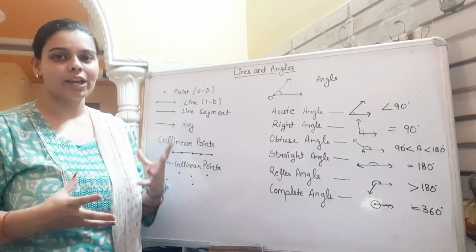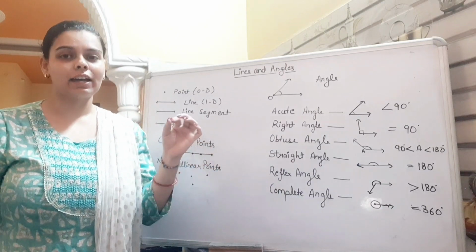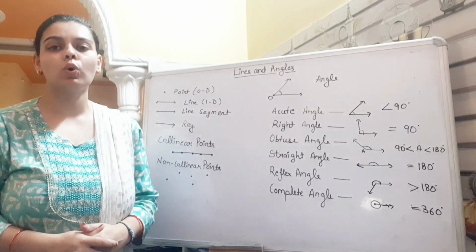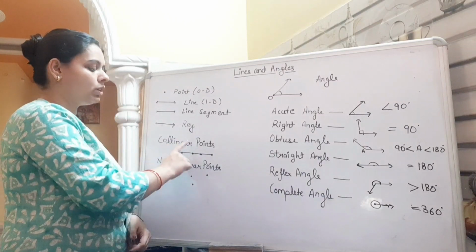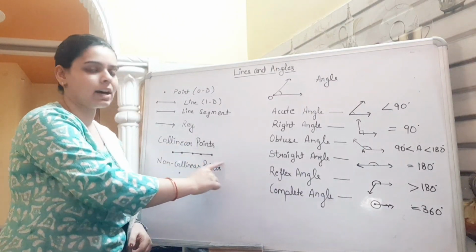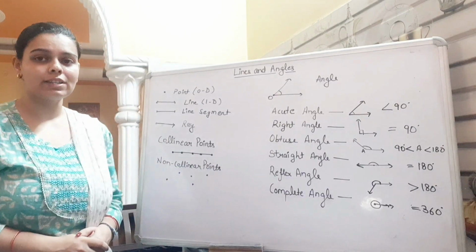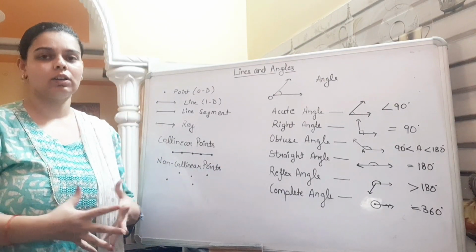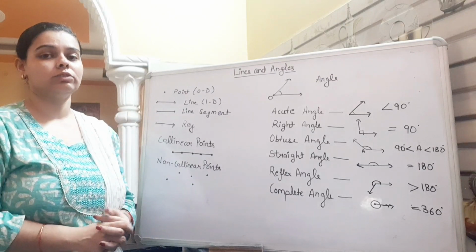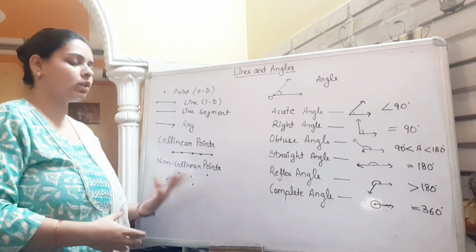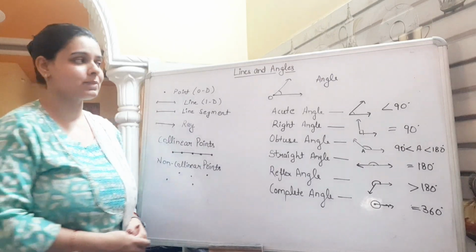If all the points we have can come on a straight line, they are called collinear points. All points are in the same straight line. Now non-collinear points, which cannot come on a single straight line, are called non-collinear points.